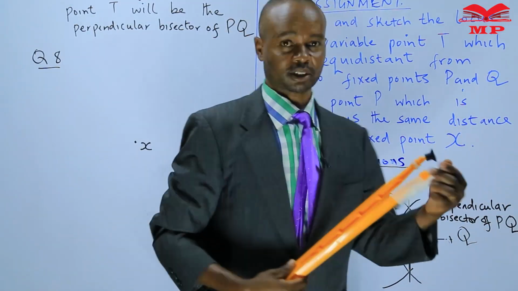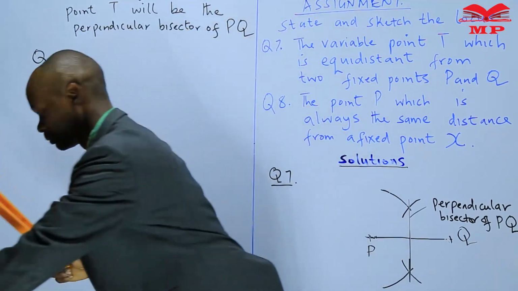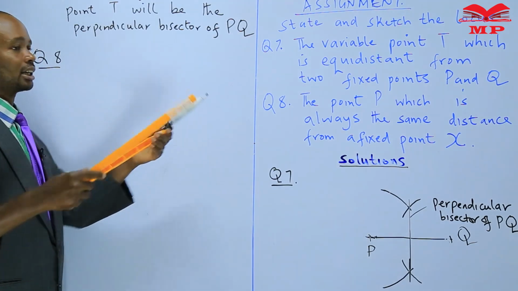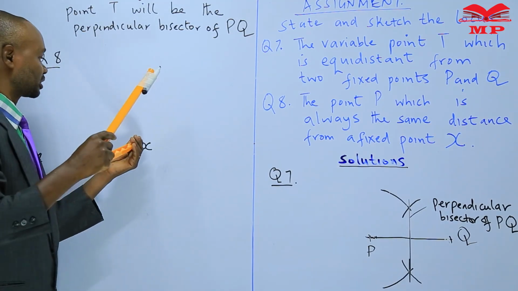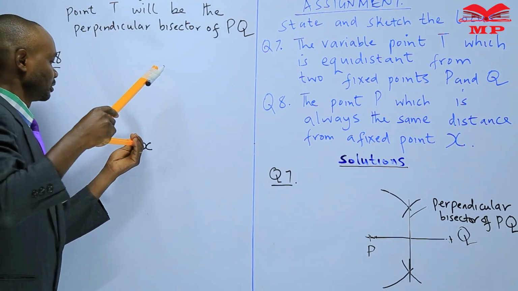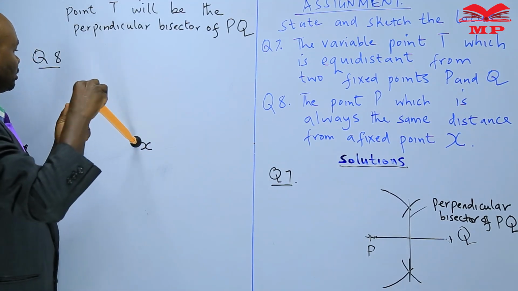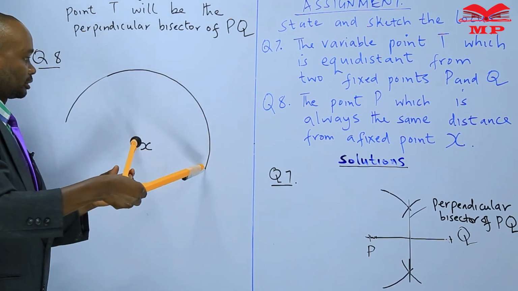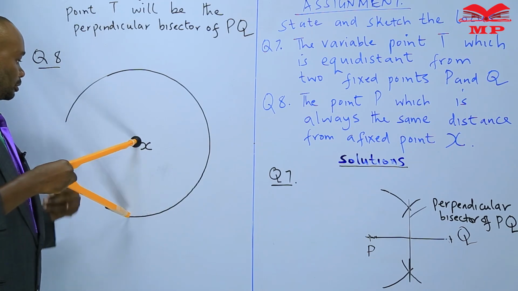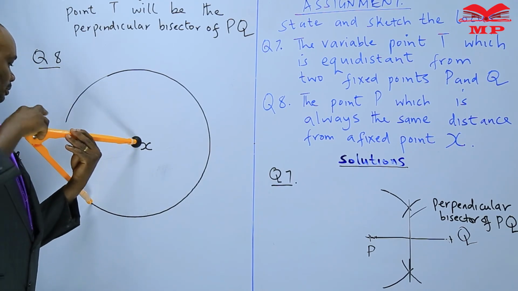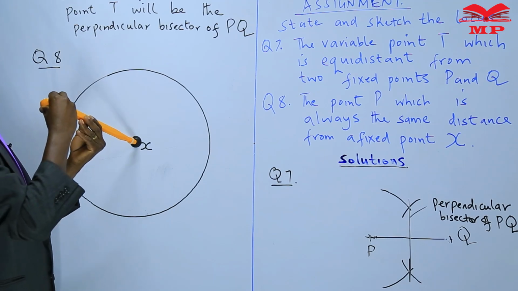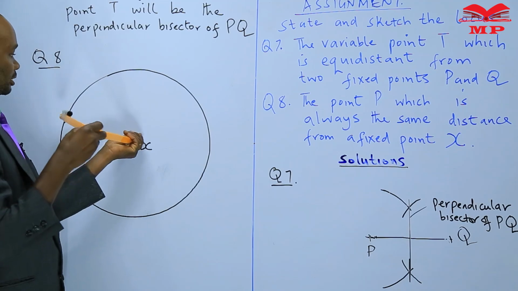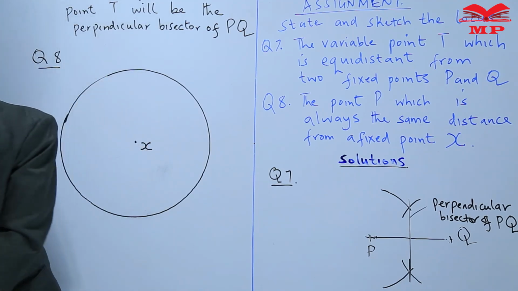So I'll take my pair of compasses, with X as my center and an equal distance, and draw that.